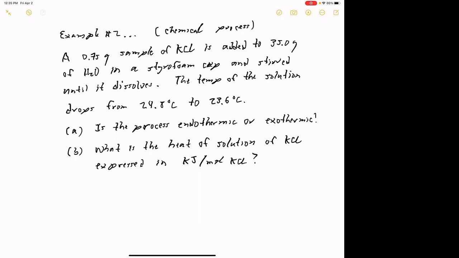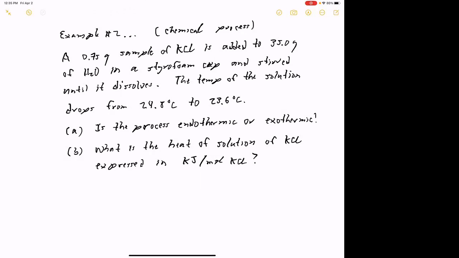Okay, so the question is, is the process endothermic or exothermic, where we're focusing on the actual reaction associated with the dissolution of the salt? Remember, the whole universe is inside the calorimeter. And what's happening? It looks like the solution itself is cooling down. So would you call that endothermic or exothermic from the point of view of the reaction, which is the system? Endothermic. Yeah, because heat's flowing into the reaction.